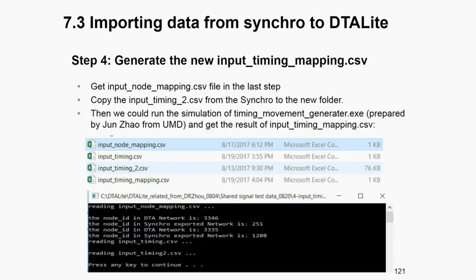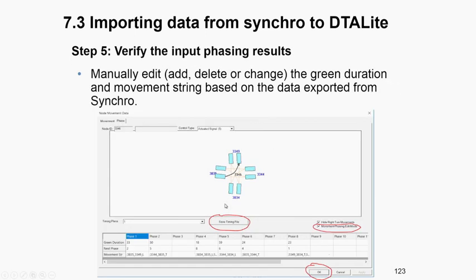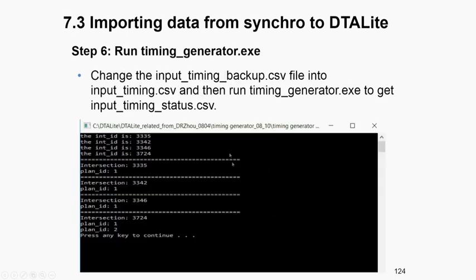And then finally, we can generate the new timing mapping. And then we can verify the input timing results along the way. You can also verify the input phasing results using the NEXTA interface, and then finally run the timing generator to generate the input_timing.csv, and run the input timing generator to generate this input timing status.